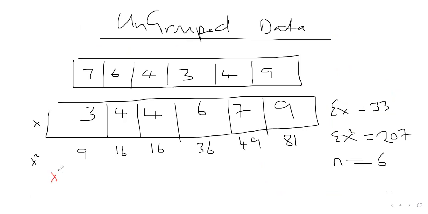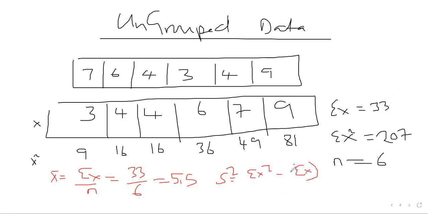So what is the formula for the mean? Summation of x over n. Our mean is 33 divided by 6, which gives 5.5. Our variance is given by summation of x squared minus summation of x to the power 2 over n, everything over n minus 1.